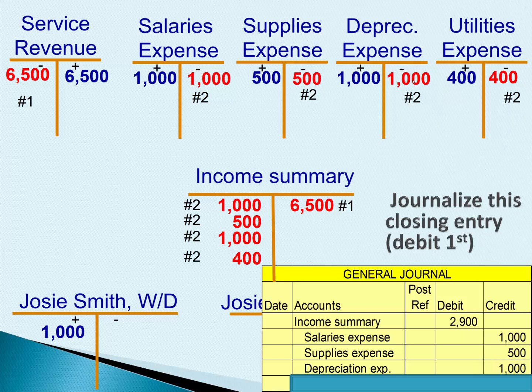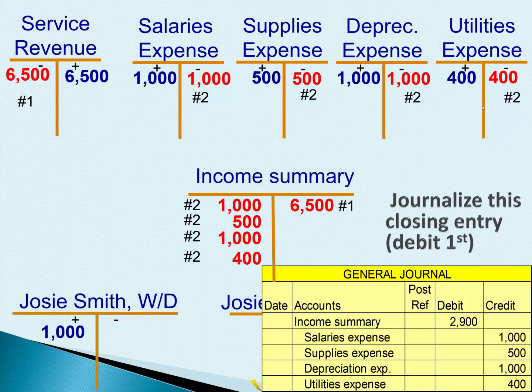Now this is why I say it's a good idea to put the closing entries, which are in red, as a different color than what the debit is, because it's easy to grab the wrong number. It's easy to grab this debit and try to debit it instead of crediting it. And so to close utilities expense, we credited that.